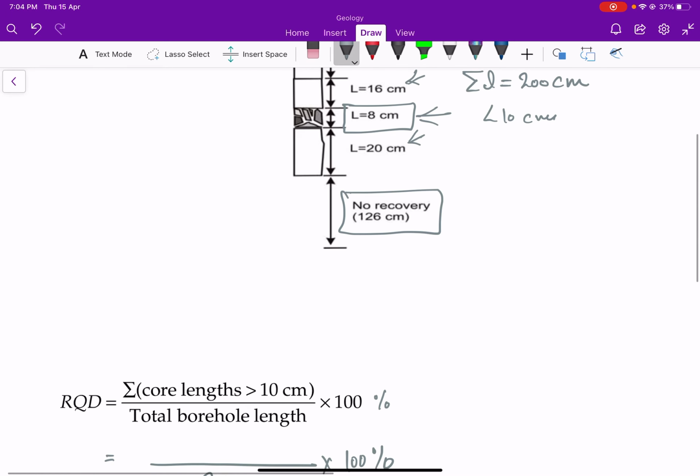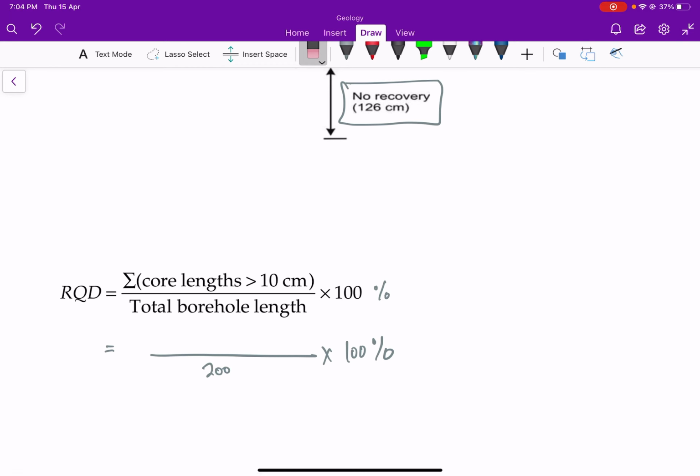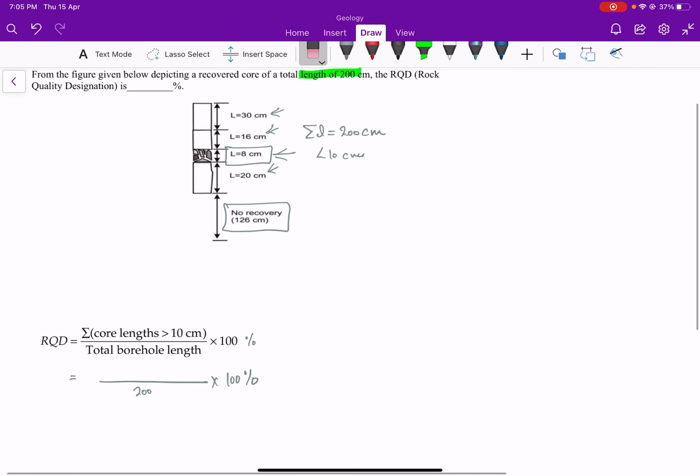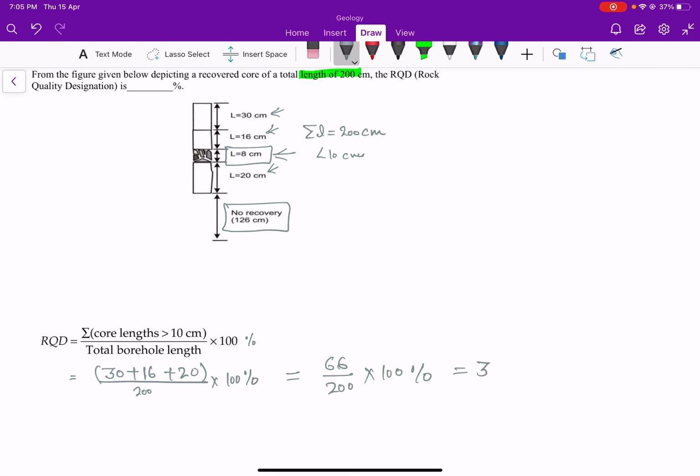So the core length will be 30 plus 16 plus 20, which equals 66, divided by 200 into 100 percentage, so that will be 33%. So the RQD will be 33%.